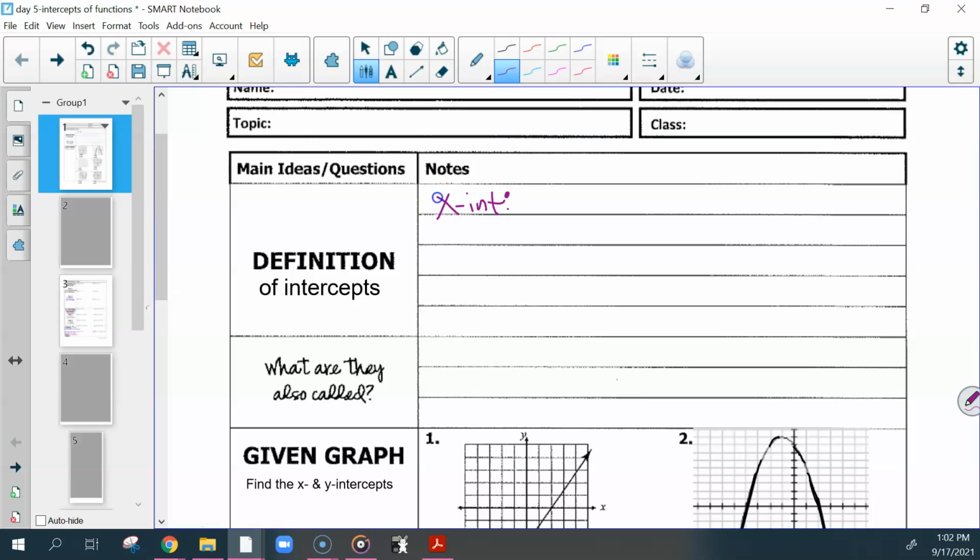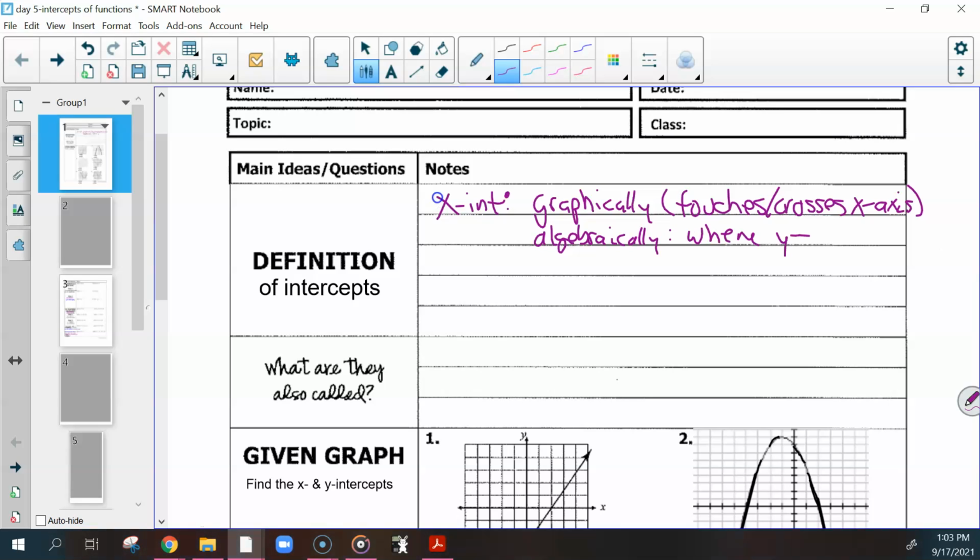X-intercept, graphically, where it touches or crosses the x-axis, algebraically where y is 0. Y-intercept is the opposite.